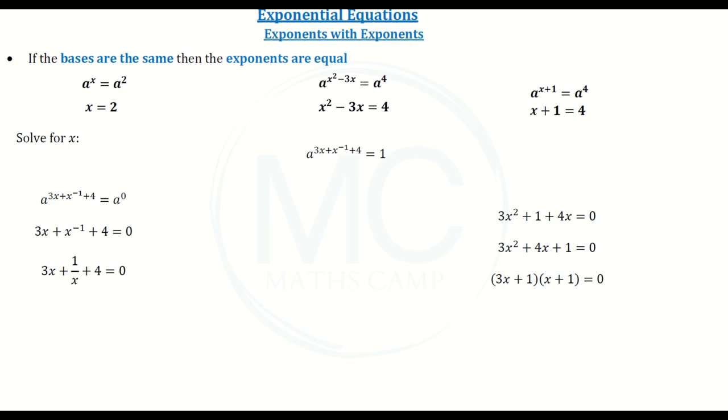And now we can solve for x. If 3x plus 1 is equal to 0, then x is equal to negative 1 over 3. Or if x plus 1 is equal to 0, then x is equal to negative 1. And we have now solved for x.